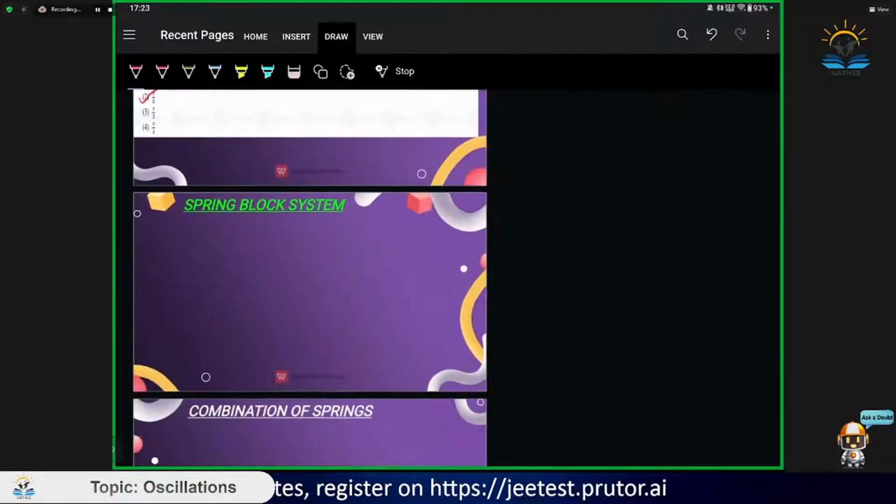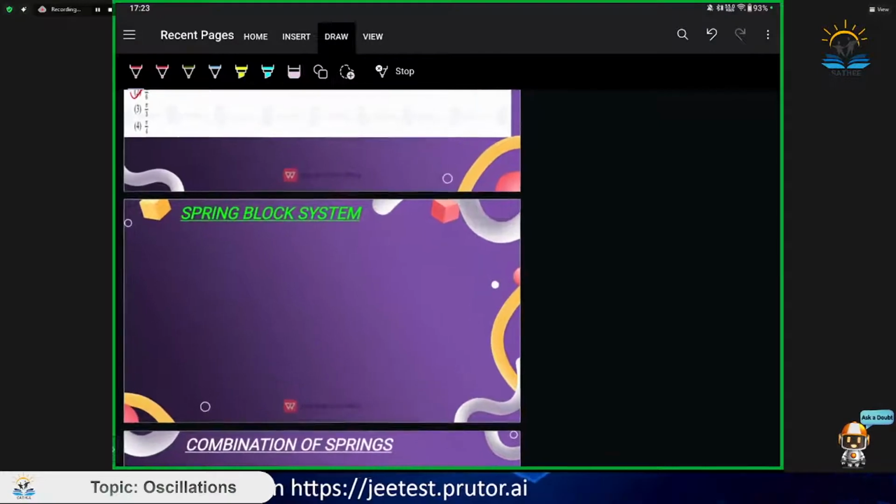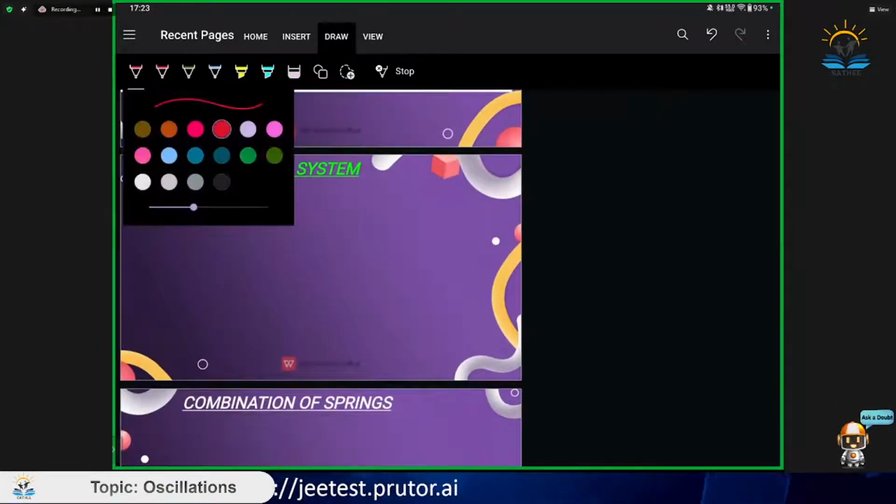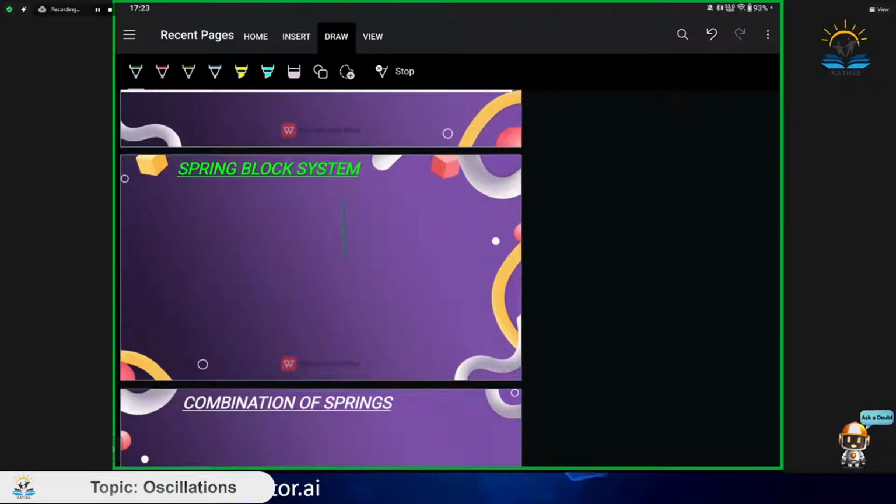Okay. Next, let's see the spring block system. A very interesting topic. Let me draw the diagram. It's everyone's favorite spring block system.